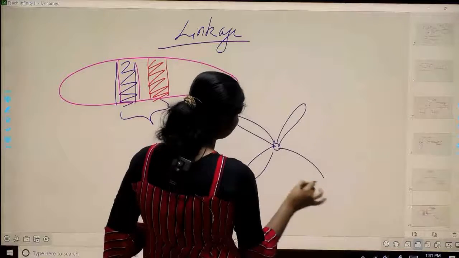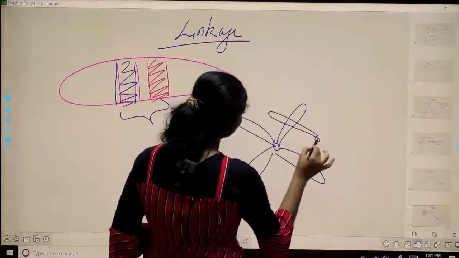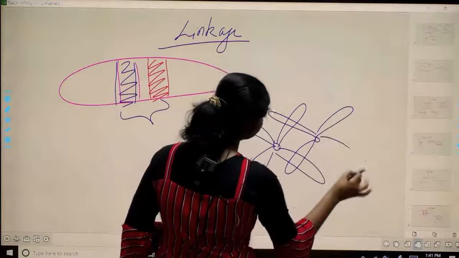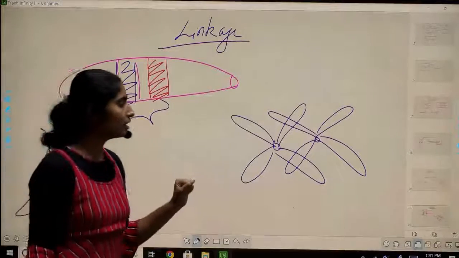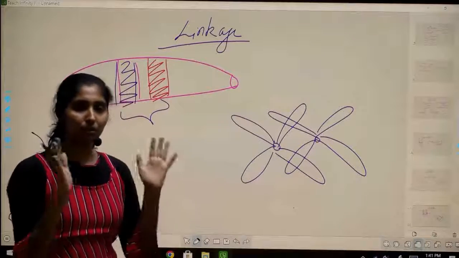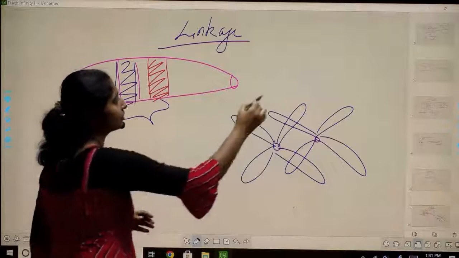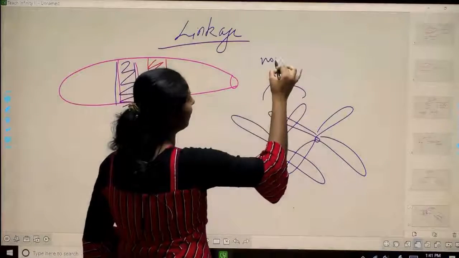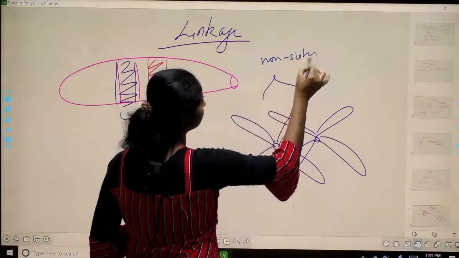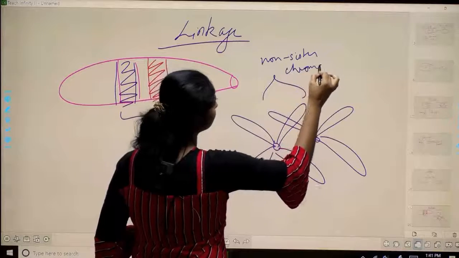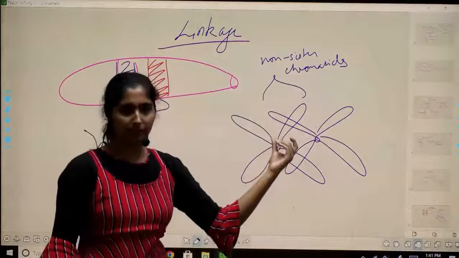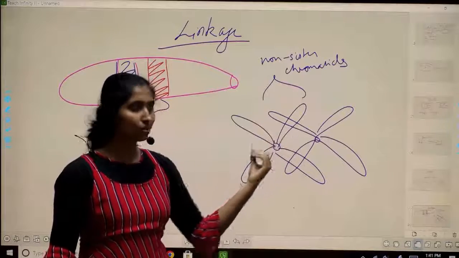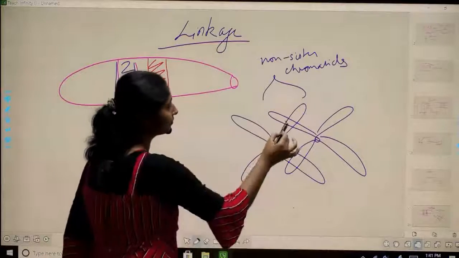You might have learned about crossing over in meiosis. So I've drawn a chiasmata here. So during meiosis, when crossing over happens between non-sister chromatids, here you can see two chromatids that are taking part in crossing over, right?